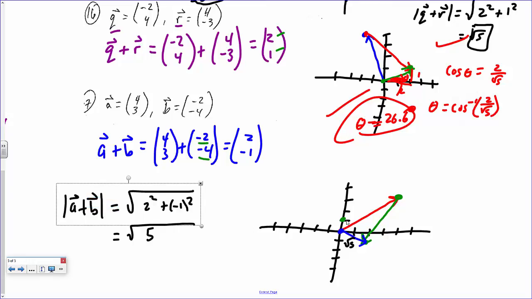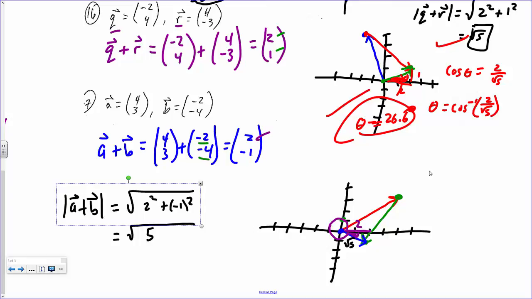I am interested in finding technically either this angle or this angle here, written as a negative. Either one would be okay. I know that this here is 2, because I'm saying that that's 2 in that direction.